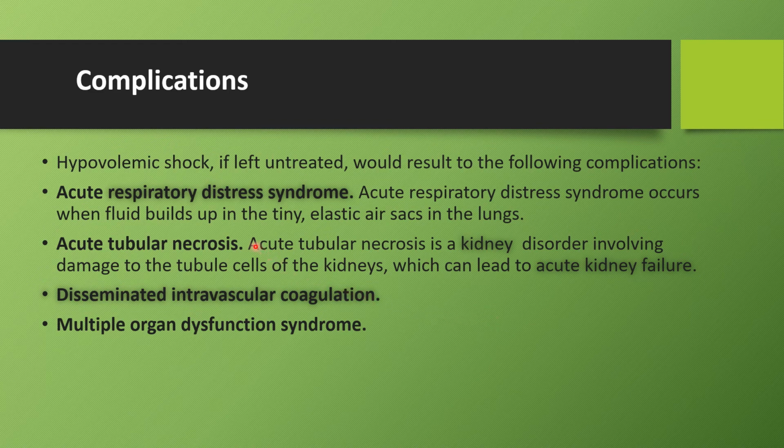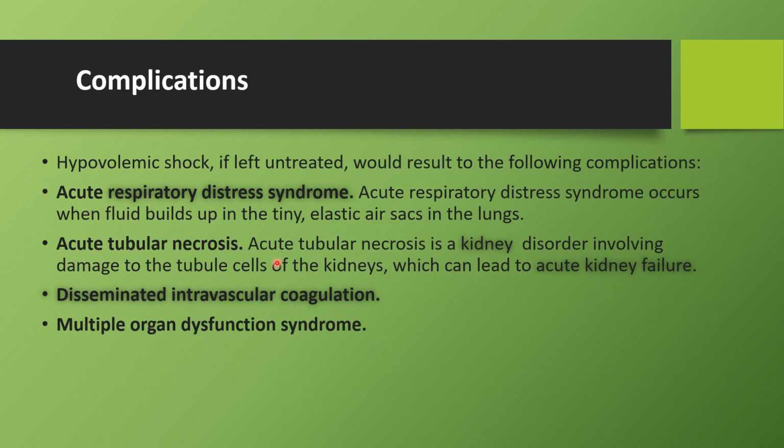Then the complications if hypovolemic shock is left untreated. It leads to acute respiratory distress syndrome. If they are not treated properly, they can develop ARDS. In this condition, fluid shifts into the tiny alveoli, so no gas exchange takes place.